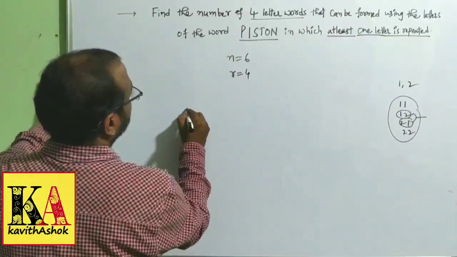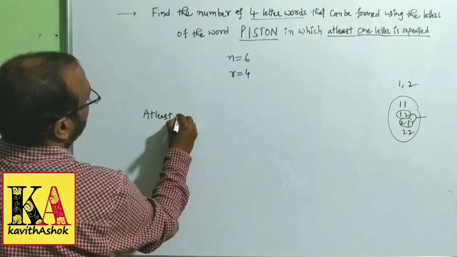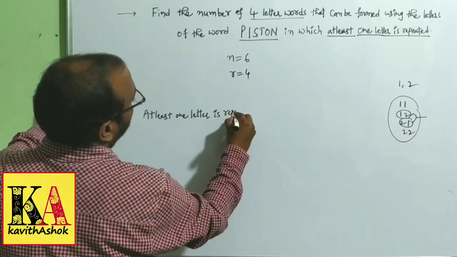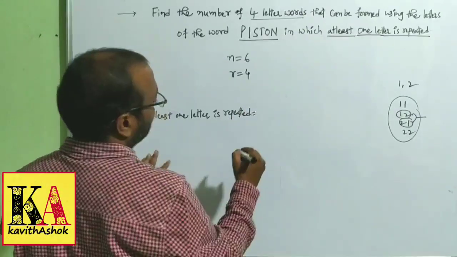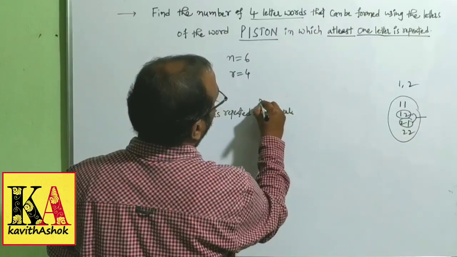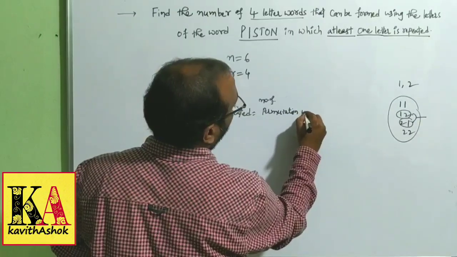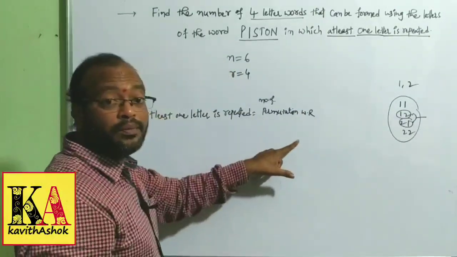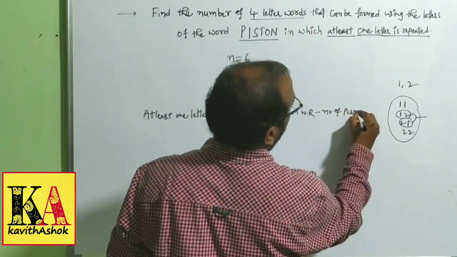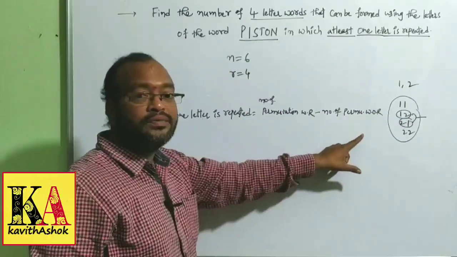So at least one letter is repeated in the sense, number of permutations with repetition minus number of permutations without repetition.